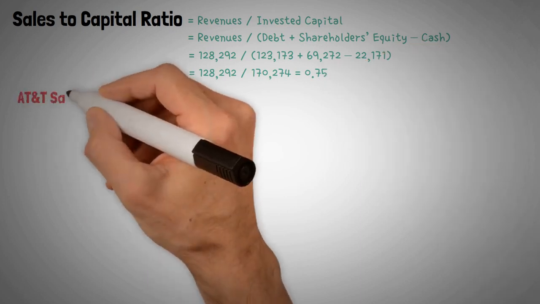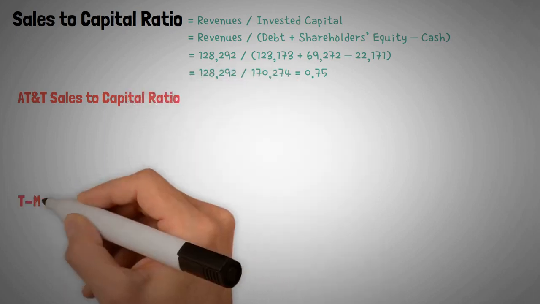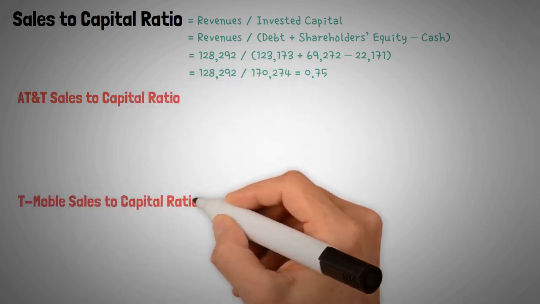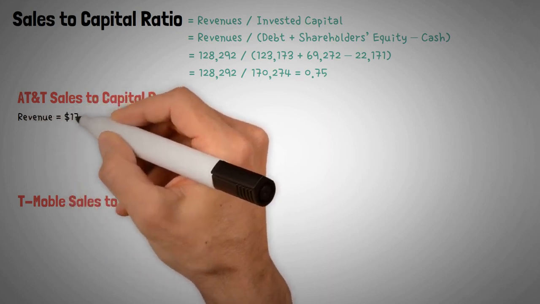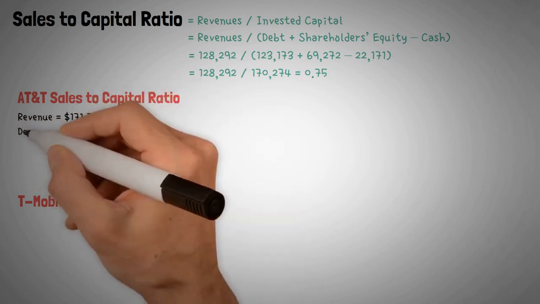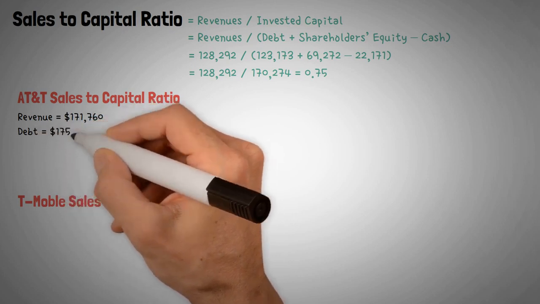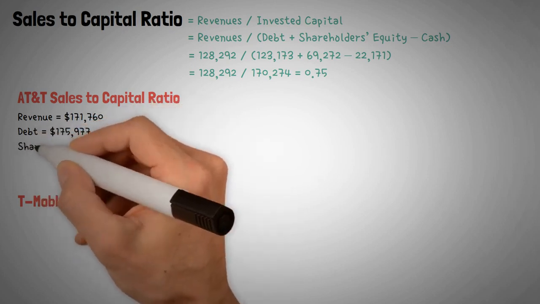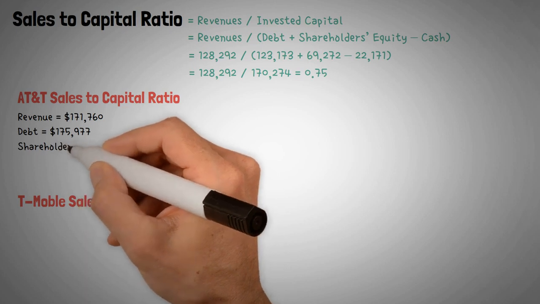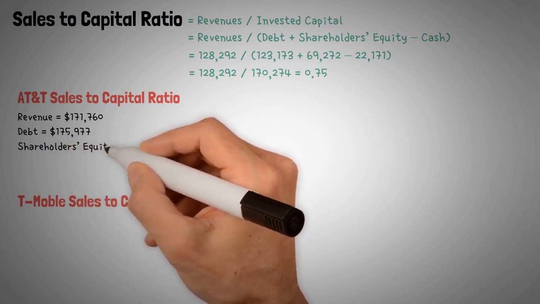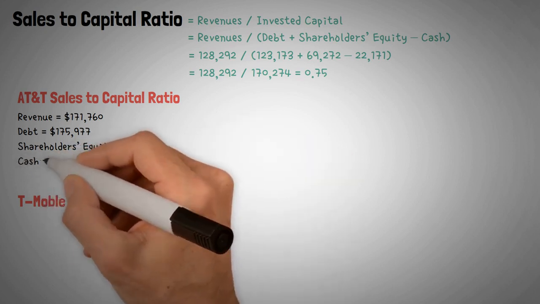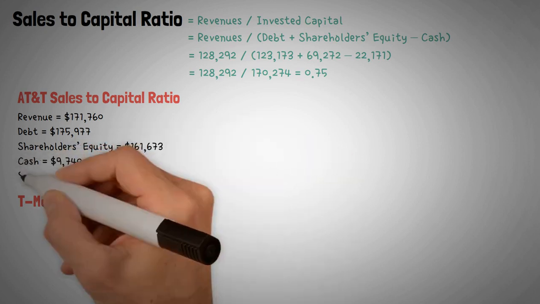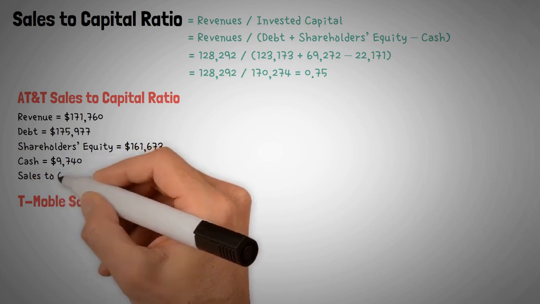Okay, now I will do the same for both AT&T and T-Mobile so we can compare all three companies. Revenue, $171,760. Debt, $175,977. Shareholders' equity, $161,673. Cash, $9,740.